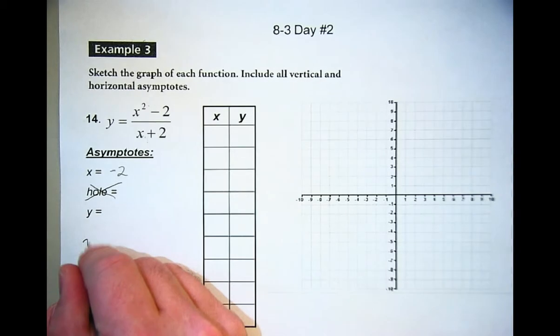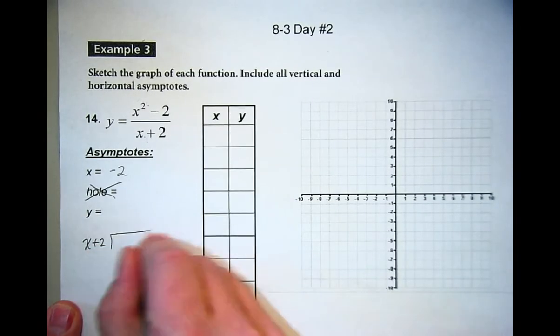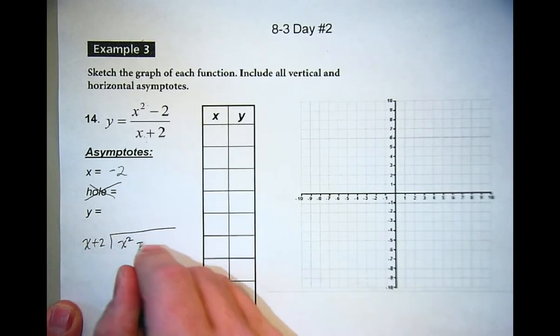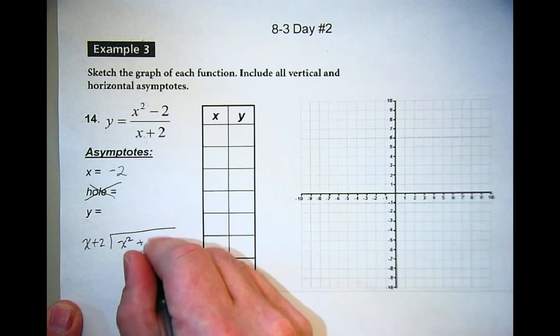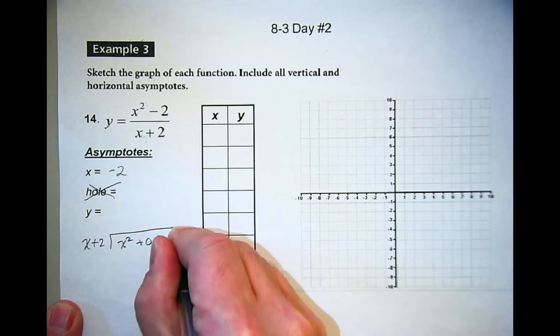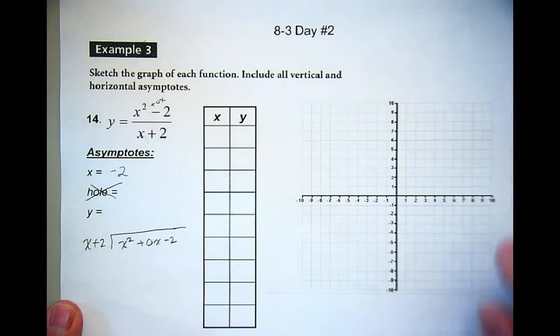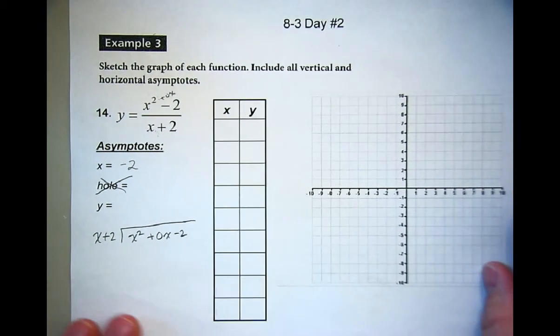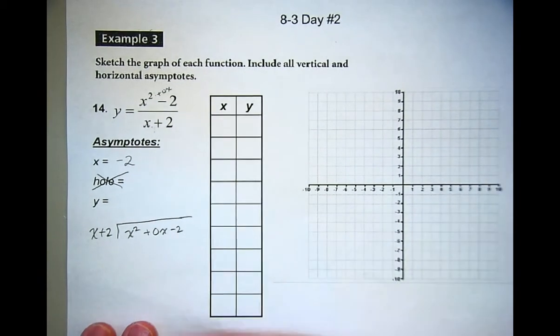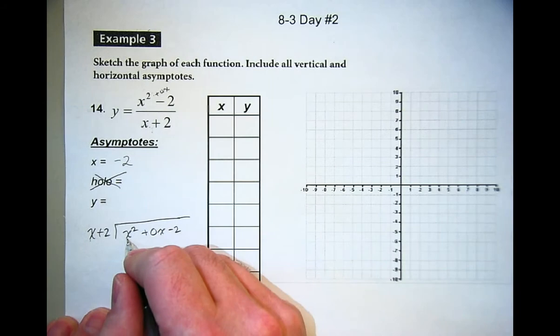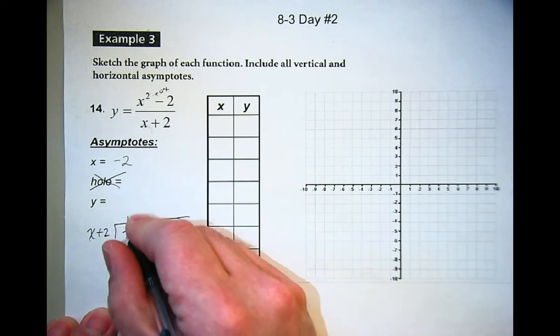So x plus 2 on the outside, x squared plus 0x minus 2. Remember that place value holder. Okay, got to put that place value holder in there. All right, x goes into x squared how many times? Or x times what is x squared?